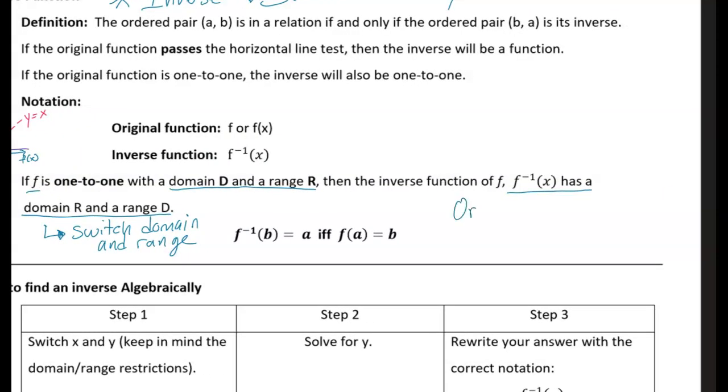So if our original function had a domain of D and a range of R, our inverse function is going to have what? Good. A domain of R and a range of D. They swapped places. The x and y swap. All of the x's swap with all the y's. And we'll get more into that in a second.